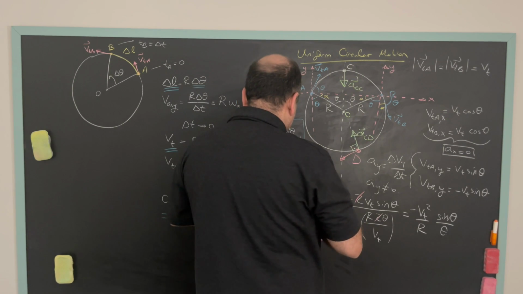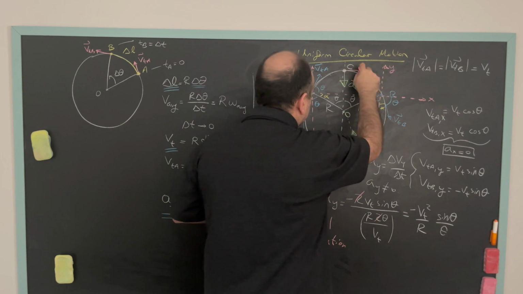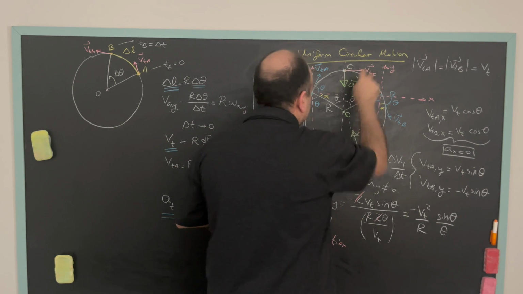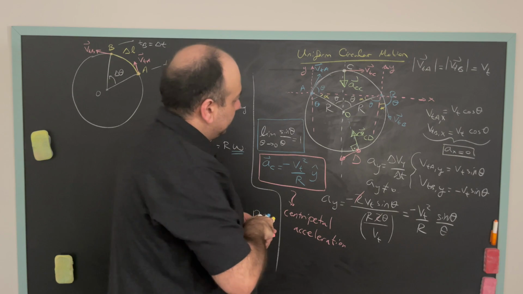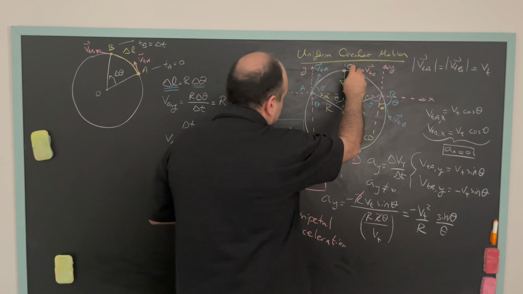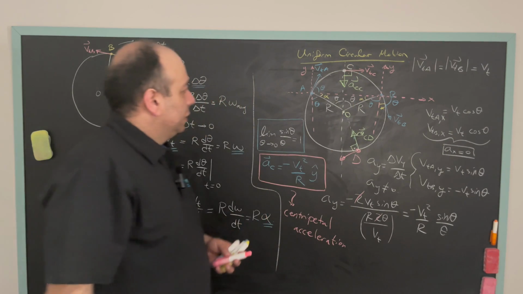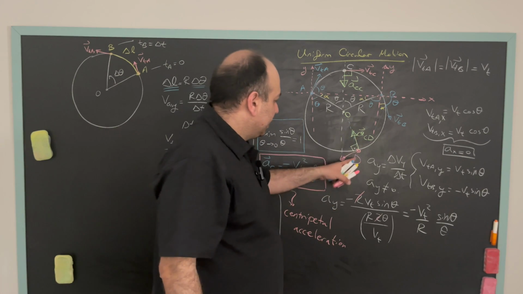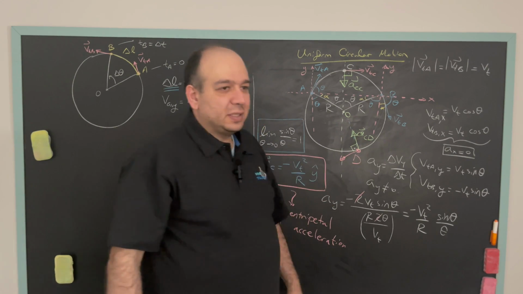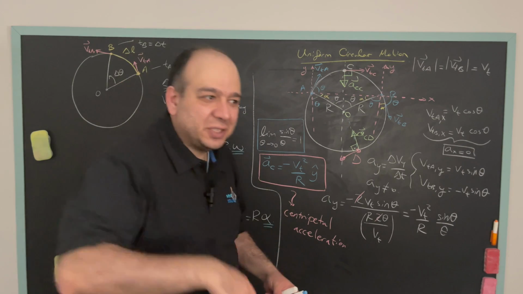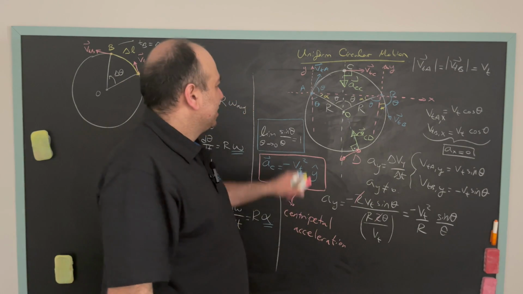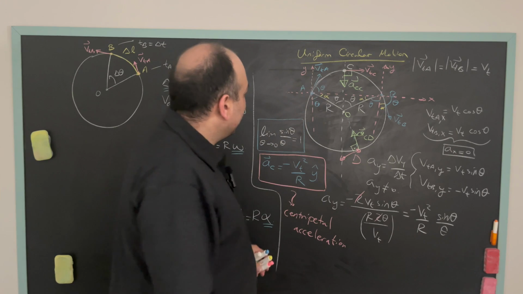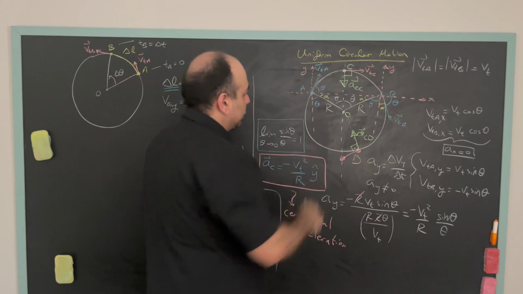So at point C, I have a tangential velocity like that, V tangential C. And this acceleration is also perpendicular to the direction of motion. Okay, so the acceleration, which is perpendicular to the direction of motion, is responsible for changing the direction of motion, right? So this is a typical case we see in uniform circular motion.